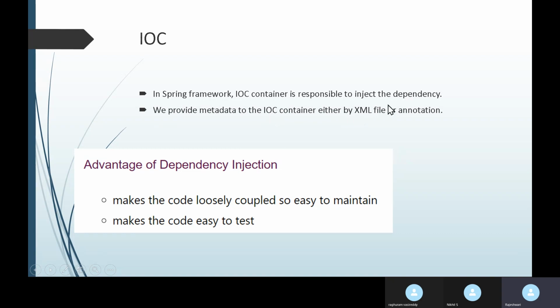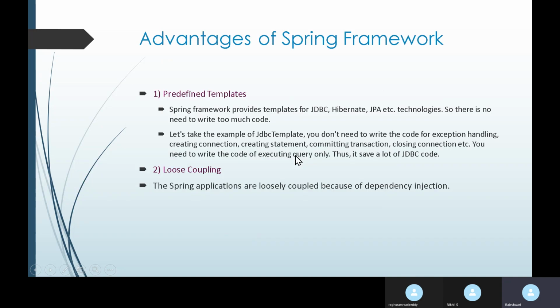IOC is nothing but referring to an XML file or an annotation, that you remember. Okay, and dependency injection, why do we have it? Because we want to achieve loose coupling, and also testing, maintenance, everything will become easy. Using IOC and dependency injection, all our code will be very easy to maintain.